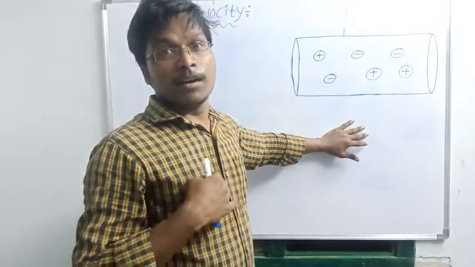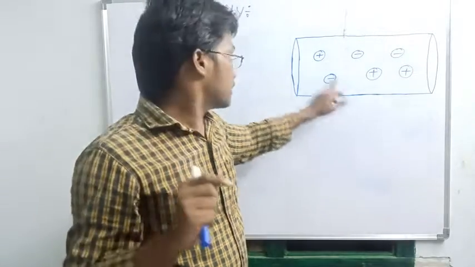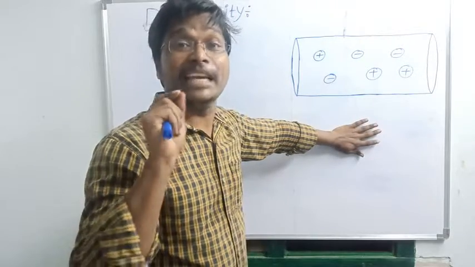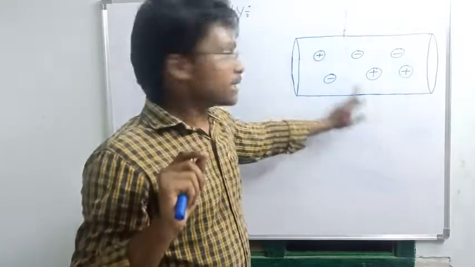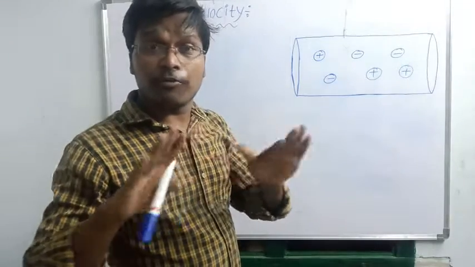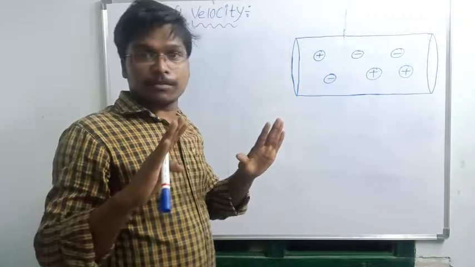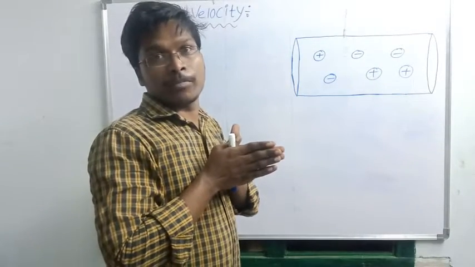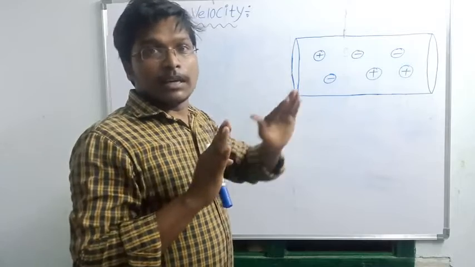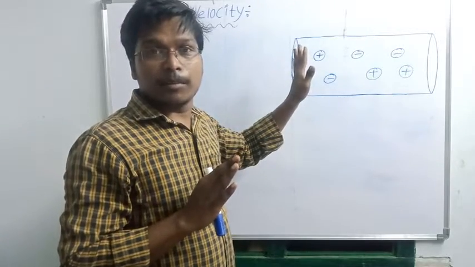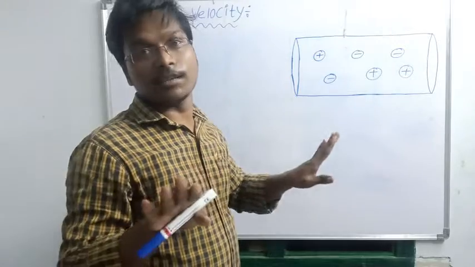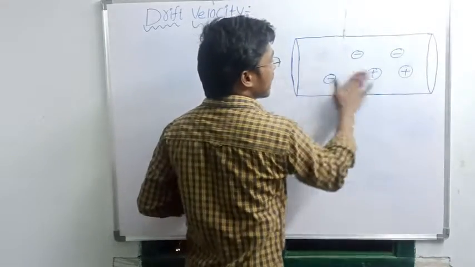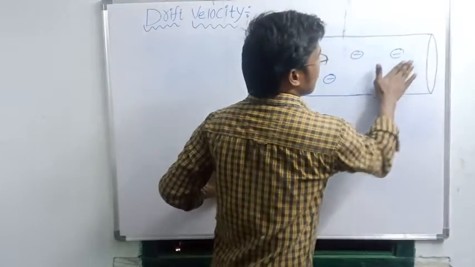In that, positive charged particles do not perform any kind of motion. They are always in a stable position, always at rest. So we won't consider the positive charged particles.